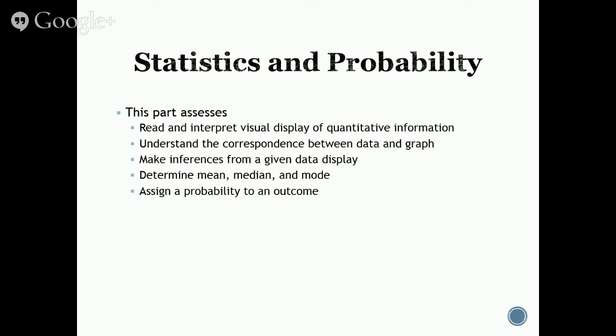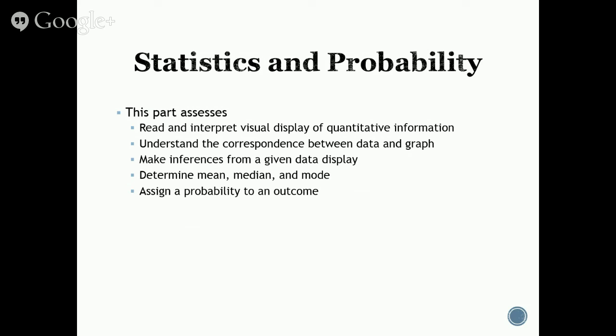Statistics and probability, this part assesses, you're going to read and interpret a visual display of quantitative information, understand the correspondence between data and graphs, make inferences from a data display, determine median, mean, mode, and come up with probability outcomes.